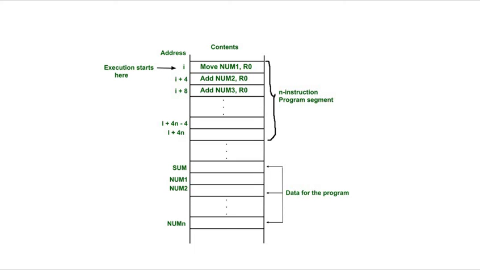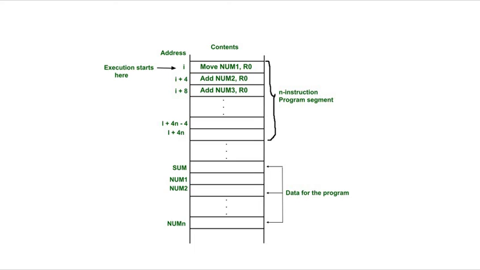This is a program for adding two numbers. Let us take a program counter, which holds the addresses of the instructions. Here we can see Move NUM1, R0, where the contents of NUM1 are moved to R0. Then the execution goes to the next step, adding the contents of NUM2 and storing it into R0.